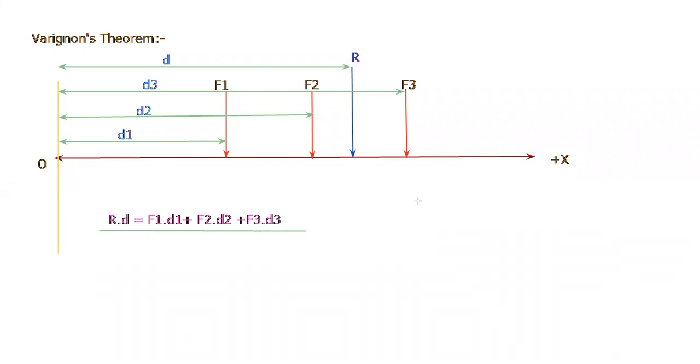Now, further, how can this Varignon's theorem be used in case of the components of the forces? A force can be split into two directions, Fx and Fy, along the x-axis and along the y-axis.